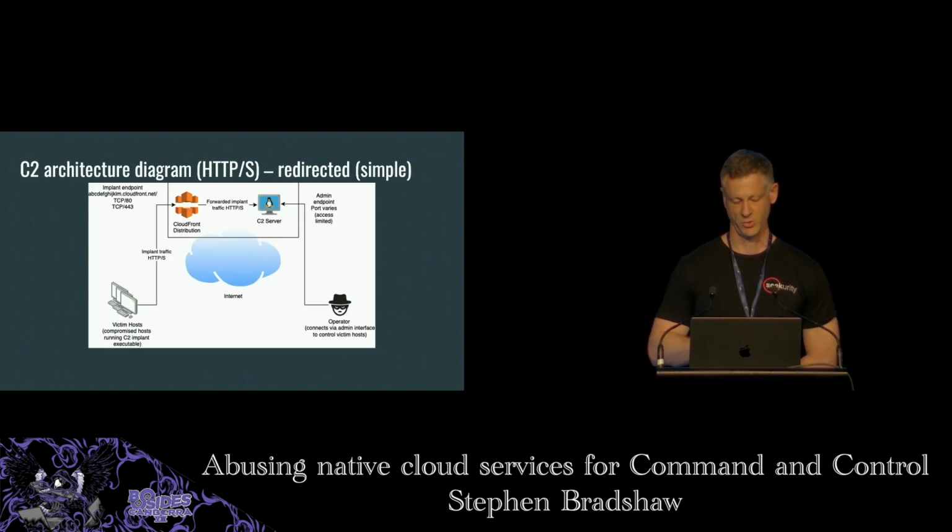We've got some separation, we've got a more trusted address, and we can replace that CloudFront distribution with another CloudFront distribution or another approach if we want to. And there's no reason why we can't have multiple of these redirections in place at the same time. So one C2 server can receive connections from multiple different redirectors.